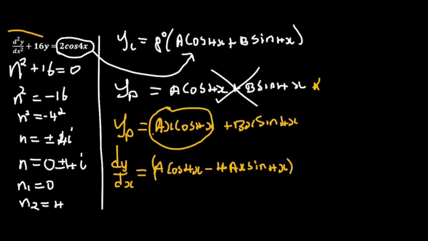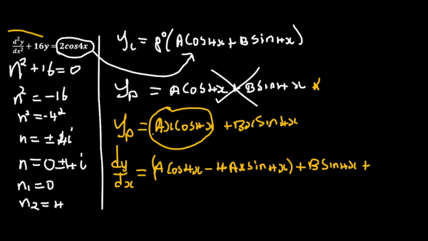Now moving on to the next term. We're going to keep b sine 4x constant, so plus b sine 4x, and when we differentiate x we simply get 1.